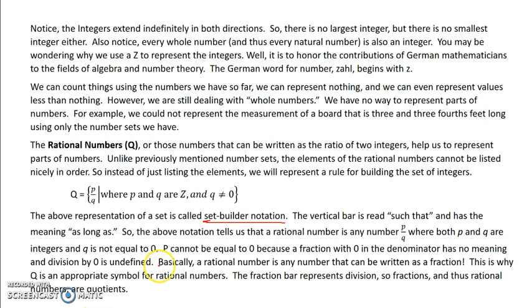And this is why Q is appropriate as a symbol for the rational numbers. The fraction bar represents division, so fractions, and thus rational numbers, are basically just quotients, right?